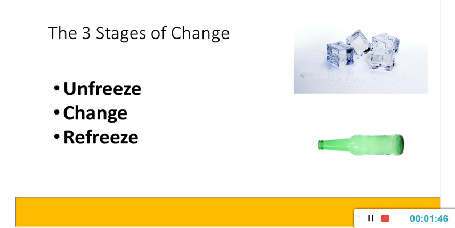And since the idea of frozen or freeze comes in here, let us equate that to some ice cubes. On the right side, you will see there are some ice cubes. Now these are cubes, which means they are square on each side.